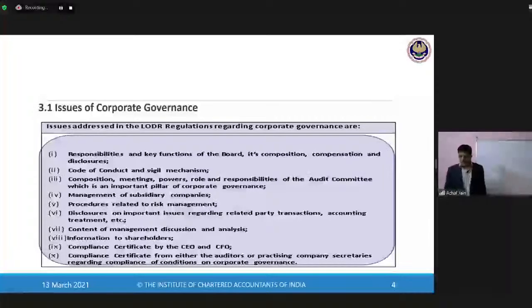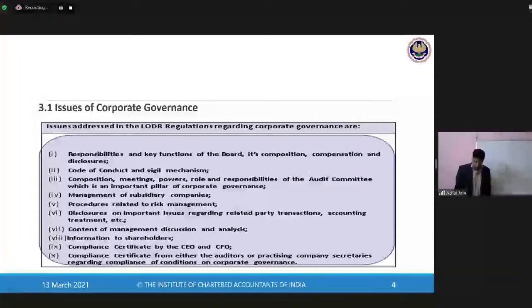First, responsibilities and functions of the board. Composition of the board. Whenever we use the term board, it doesn't mean this board, it means board of directors.